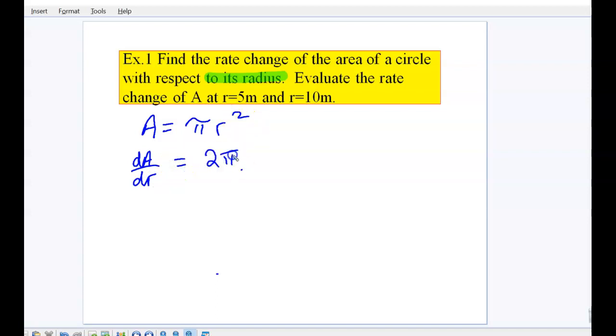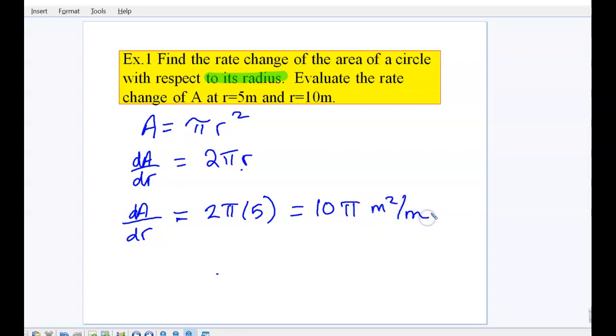If I take the derivative of the right-hand side, it would be 2 pi r. So now, to find the change in area with respect to radius when the radius is 5, I would just plug 5 in for r. This works out to be 10 pi. Now, as far as units go, the area would be meters squared, and the radius would be meters.